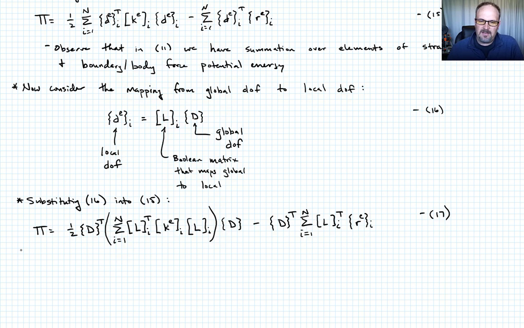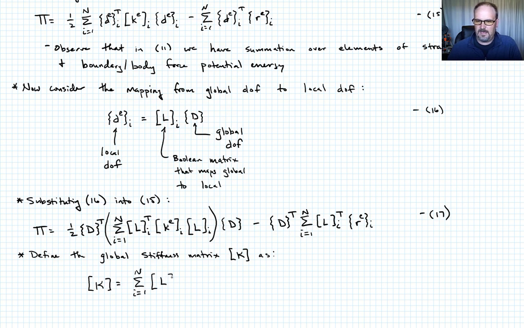So what I want to do now is define the global stiffness matrix K as follows. Let K be equal to the sum from i equals 1 to n of L_i transpose times K^e_i times L_i. Okay, and we'll call that equation 18.